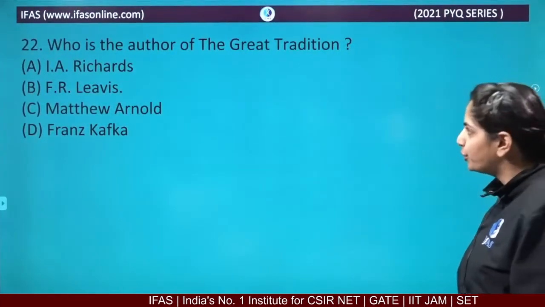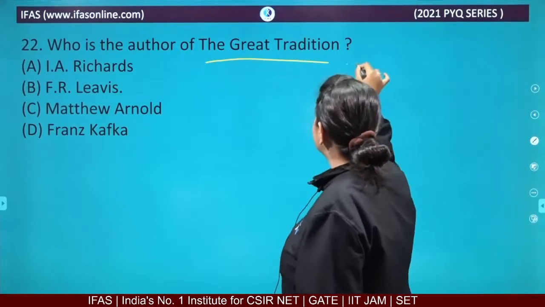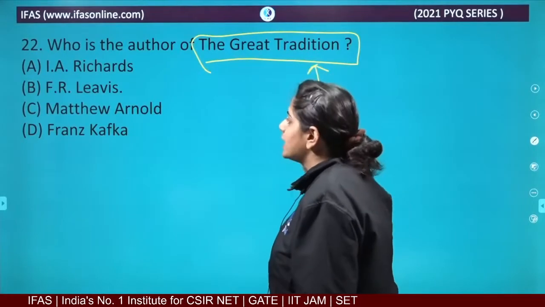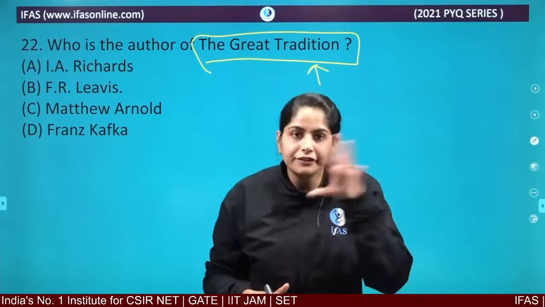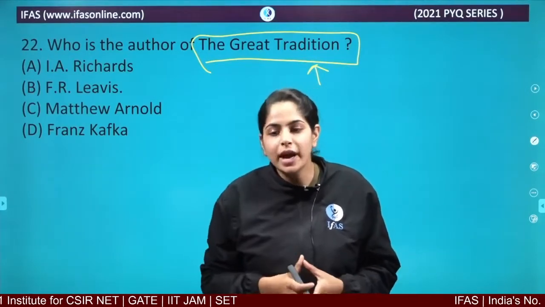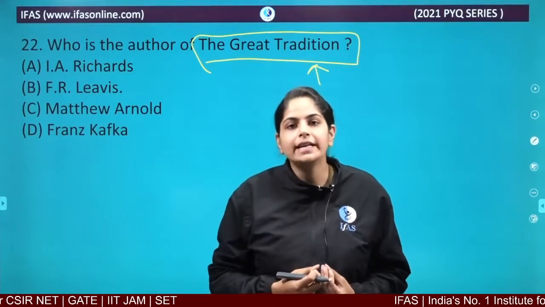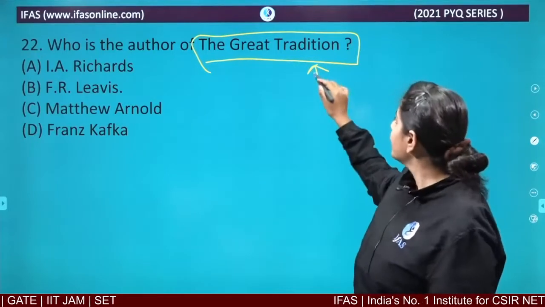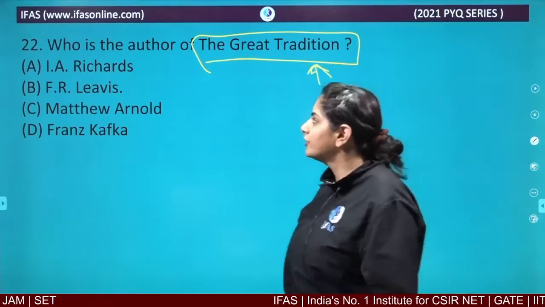Another question that we are going to discuss is question 22, which says, who is the author of The Great Tradition? This is a concept, or a theory. This famous author has tried to give us a different idea of tradition.